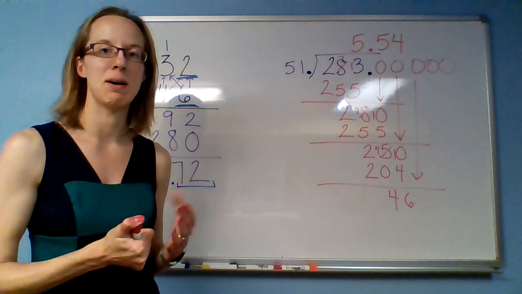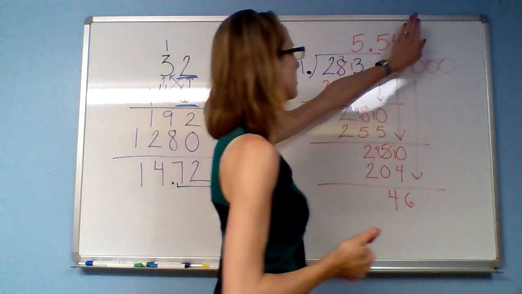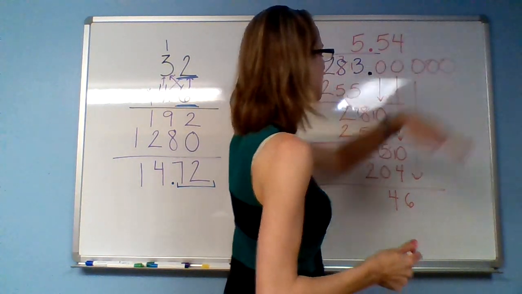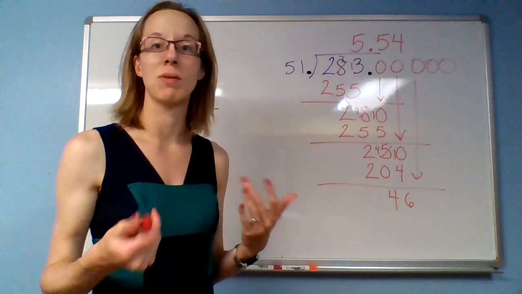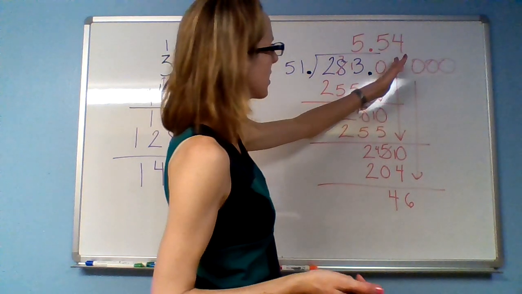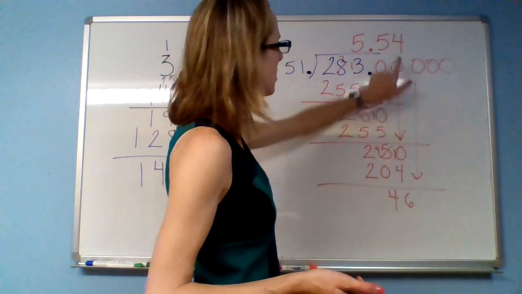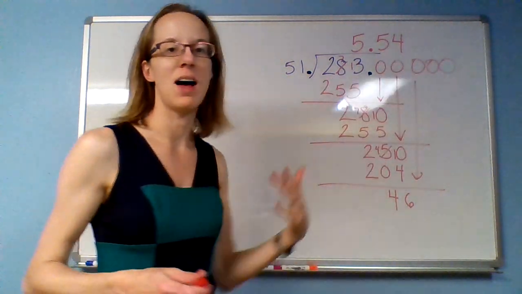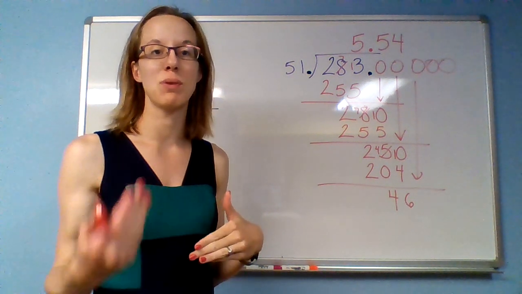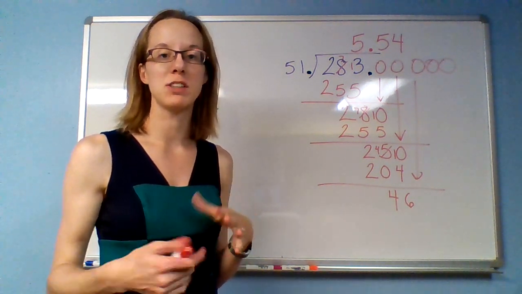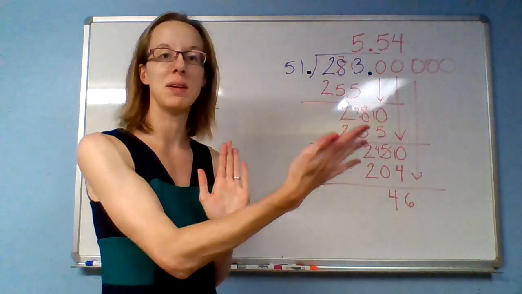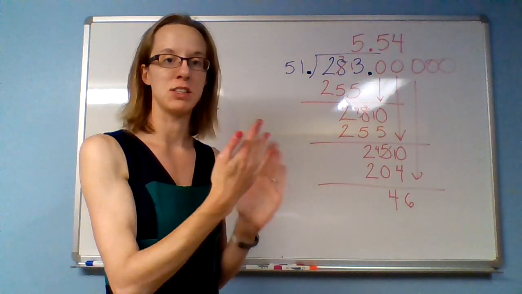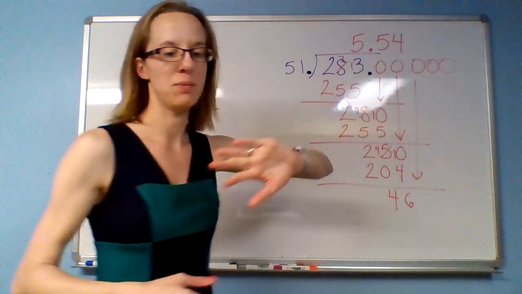So continuing to think about if it says to go to the tenths, I could have stopped here. If it says to go to the hundredths, the thousands. If it says to round to the nearest, for example, round to the nearest tenth, I would actually have to figure out the hundredths place so that I know whether this 5 stays a 5 or becomes a 6. So if it says to round to the nearest, you'll want to make sure that you are keeping track of going one place farther to make the rounding decisions about this place value.